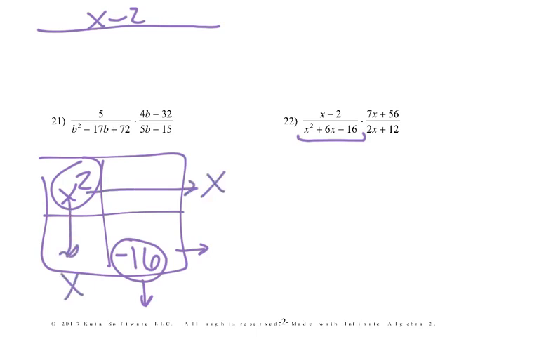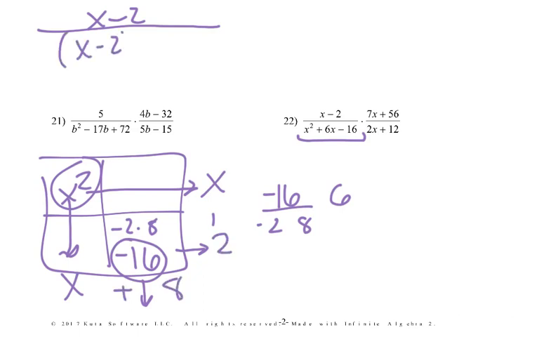So if you notice that, you can kind of just shortcut it and realize that the factors of negative 16, it would add up to positive 6, which are negative 2 and positive 8. So we'd have a minus 2 and a plus 8.